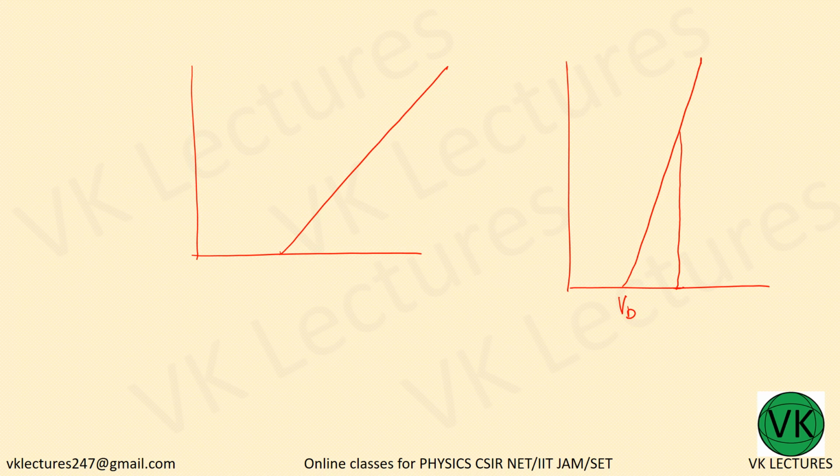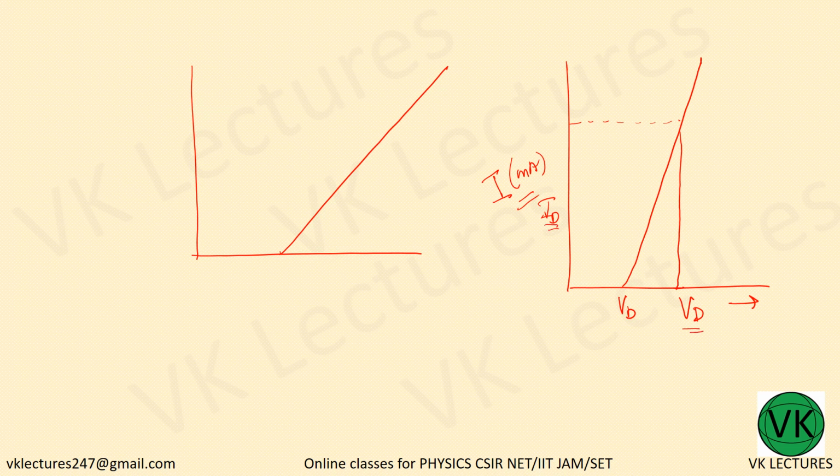The perpendicular down is VD, that is the voltage applied across the diode. On the y-axis you have current in terms of milliampere because it is forward biased. That particular point I am taking as ID. So at this particular VD I will have this much ID.